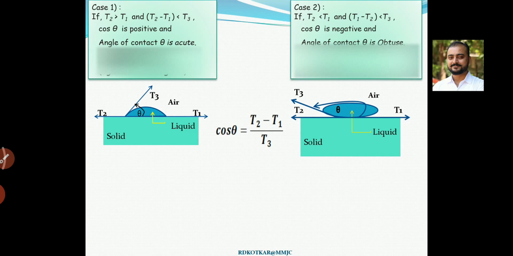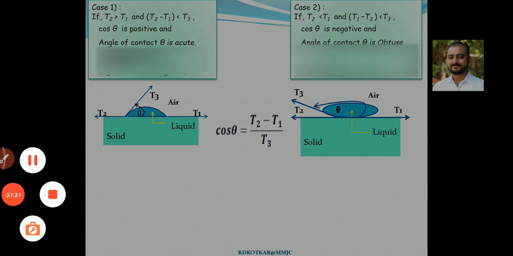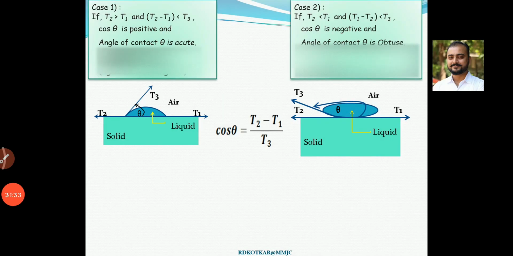The answer comes out negative. And second, this numerator should be less as compared to the T3 denominator. In this case also the value of the numerator is less and the value of the denominator is greater.